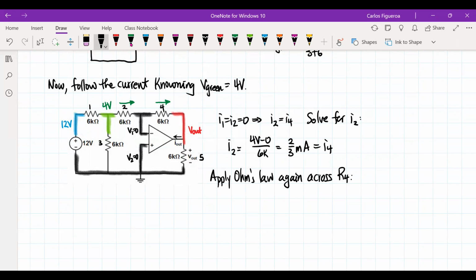If I do that, you can see that the current must be 0 minus V out, flowing through that 4 resistor, which tells me here that V out gives you minus 4 volts.